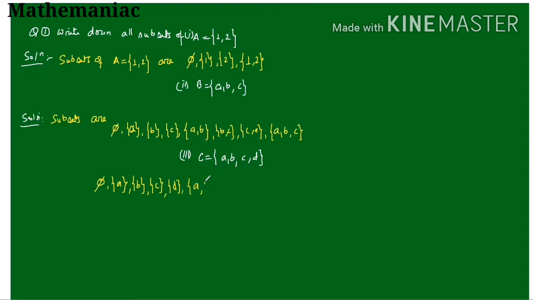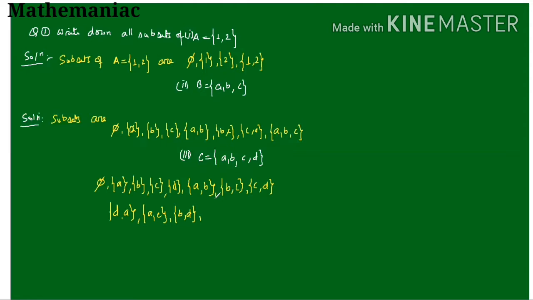Then I have such sets containing two elements: AB, BC, CD, then I'll write DA, then I can have A comma C, I can have B comma D. Now these are all the possible combinations of two elements.